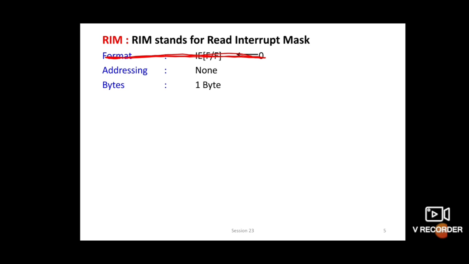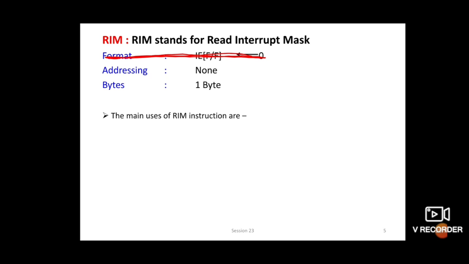Only 1 byte is required to store the data in a memory location. Now student, this instruction doesn't have any operand, because only 1 byte is required. According to the user, first data is stored in the accumulator, then decide whether the mask is block or unblock, or activate the serial communication.